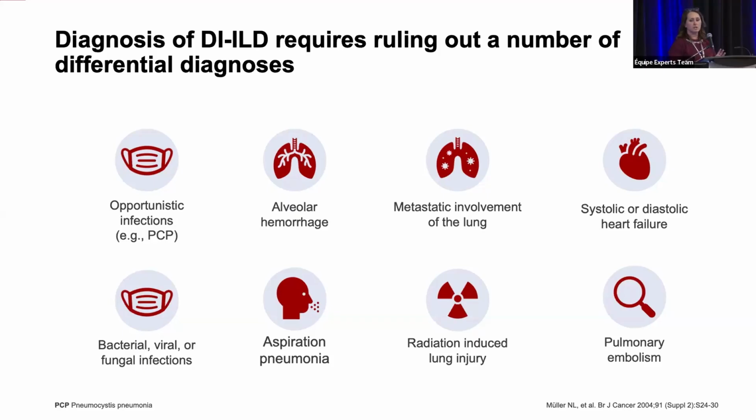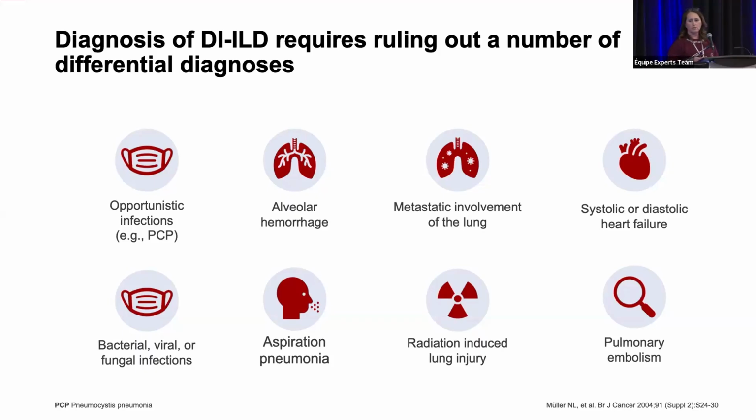When we look at the differential diagnosis for drug-induced ILD, we have to think about infectious causes, so opportunistic infections; these are patients who are very often on steroids for some other reason. Alveolar hemorrhage is a more rare complication, more at the bottom of the list. Metastatic involvement of the lung, right? Patients with metastatic disease from another primary or lung cancer may be having any of those symptoms because of progression of disease.